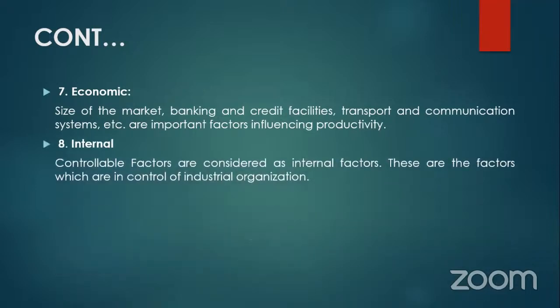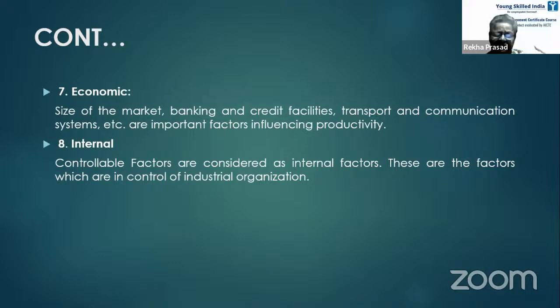Internal: controllable factors are considered internal factors. These are the factors which are in control of the industrial organization. Anything you take, there are always two types of factors, controllable factors and uncontrollable factors. Some things are under your control, you can do something about them.